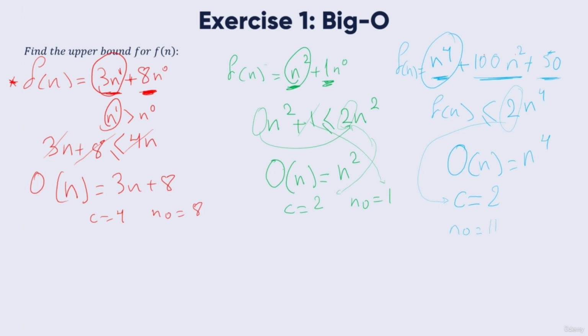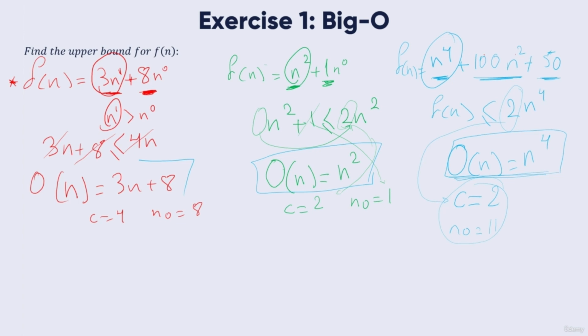Now, we don't care about these constants and n0s, because all our concentration is on O of n, okay? So I need you to understand how to get O of n for every function, okay?